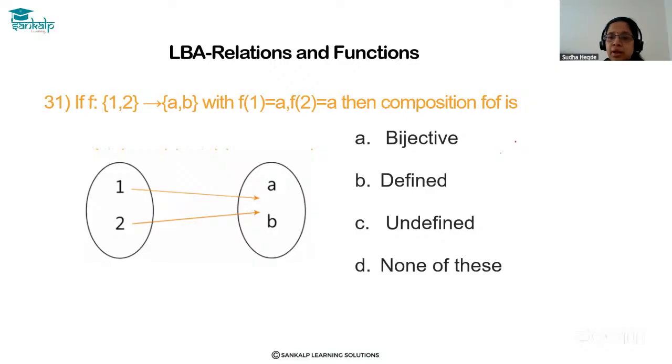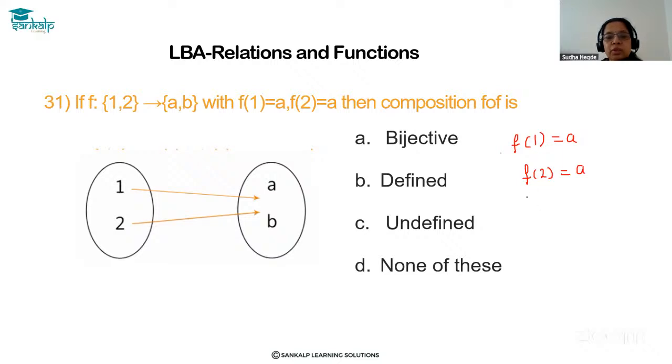AB, and f of 1 is equal to what? It is A. And f of 2, what's given? It is also A. Correct? So f of 1 is also A, f of 2 is also A, and there are only 2 elements in the domain.